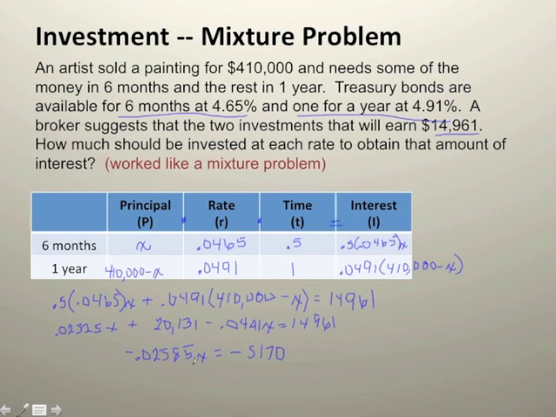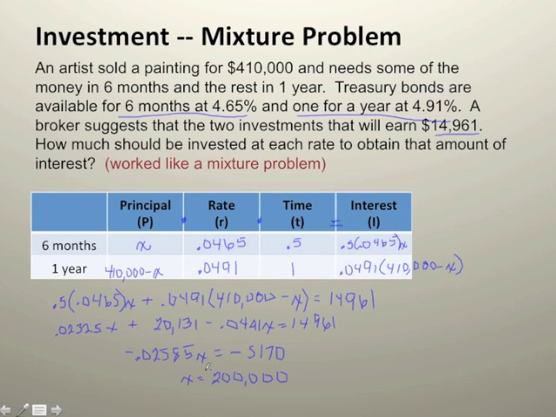And when we divide both sides by this amount, we'll find that X does actually equal that 200,000 I mentioned before. I did not know that answer when I mentioned it.